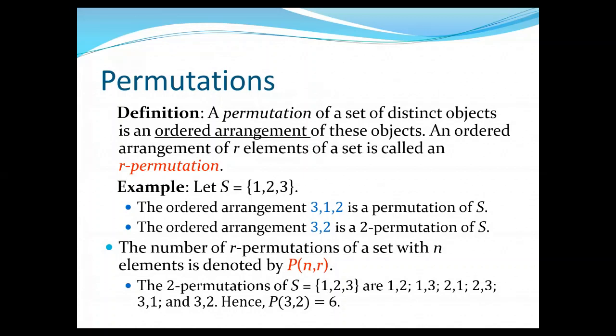Second property of the permutation: ordered arrangement. When we say ordered arrangement, for example, we have two patterns that have the same elements. For example, one is 1, 2, the other is 2, 1.